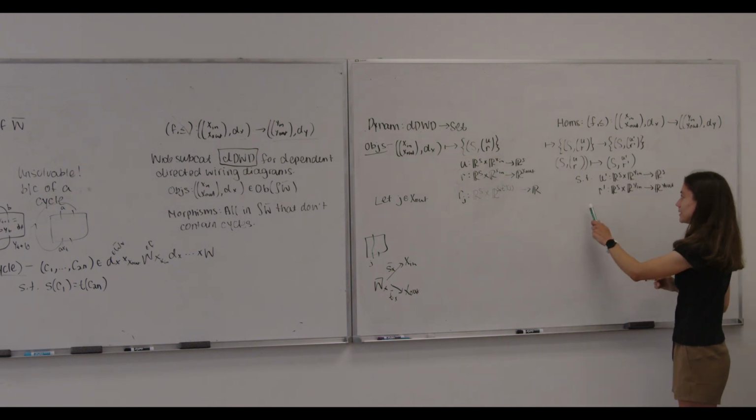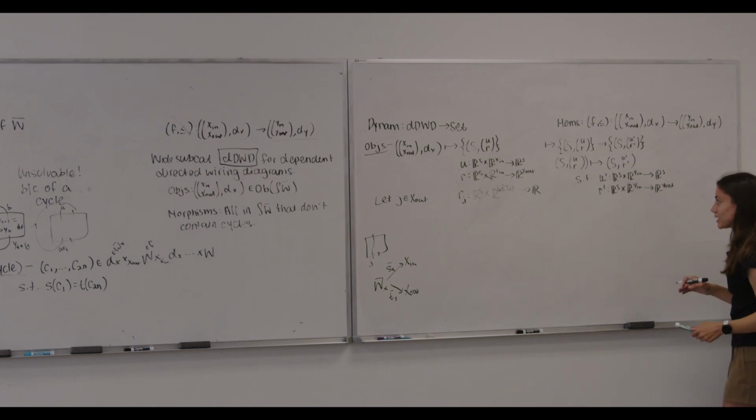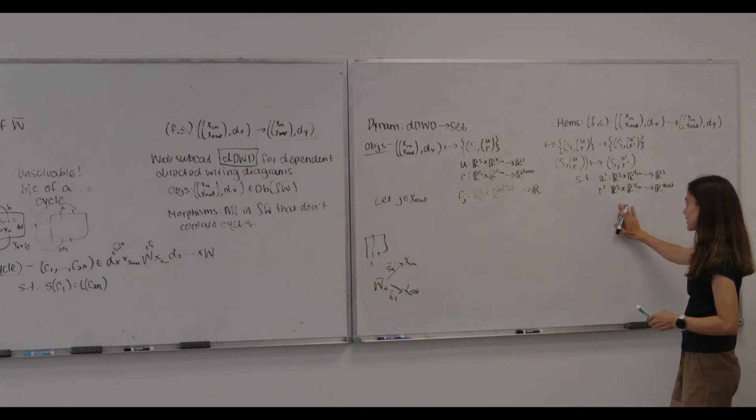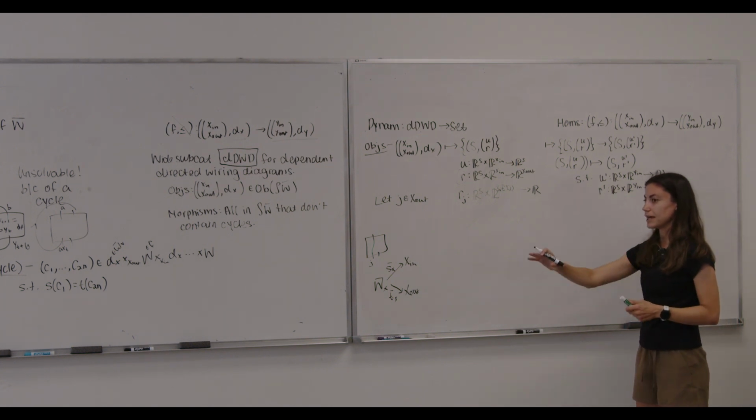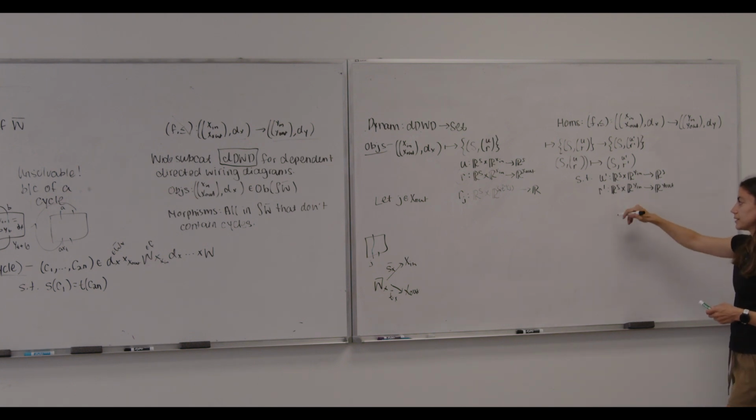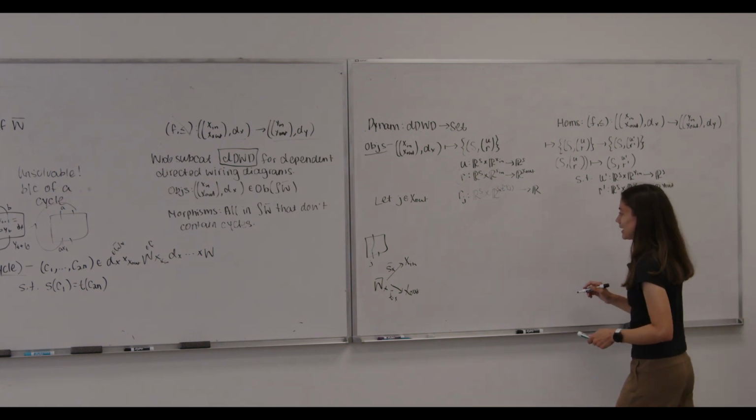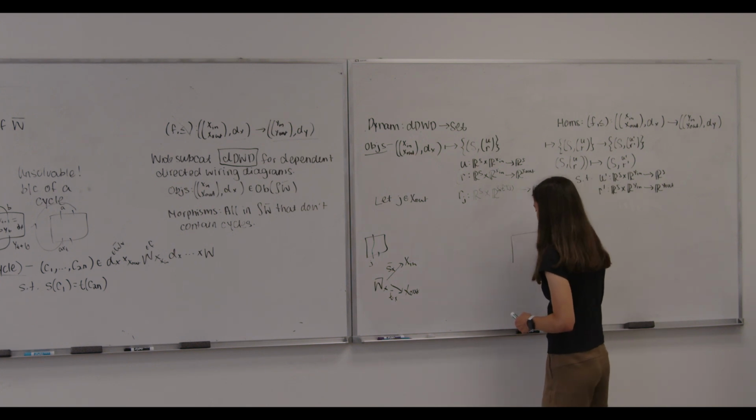And so before, on just directed wiring diagrams, you just had to add whatever R gave on the output and whatever was coming in from Y_in. But here we can have some differences.